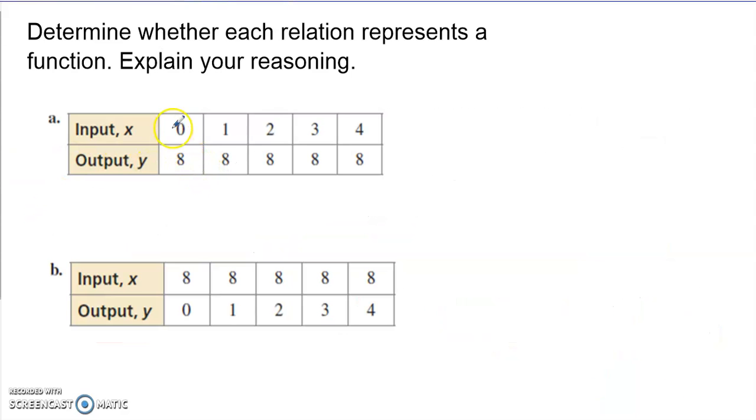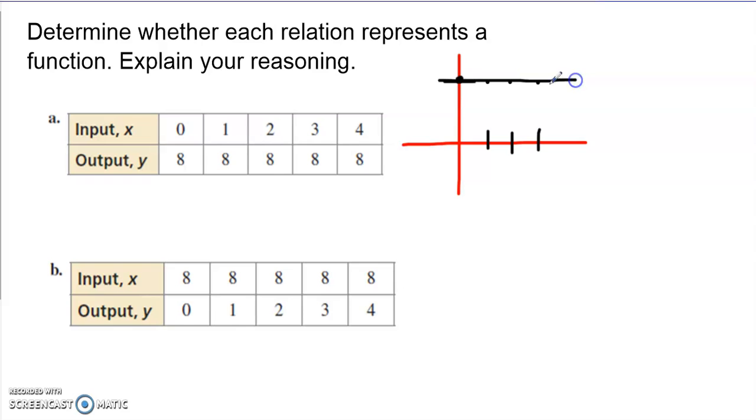Right here, we've got our set of x's and our set of y's. So if we put this on a graph, we've got 0, let's just call this 8 right here. 0, 8, 1, 8, 2, 8, 3, 8, and so on and so forth.